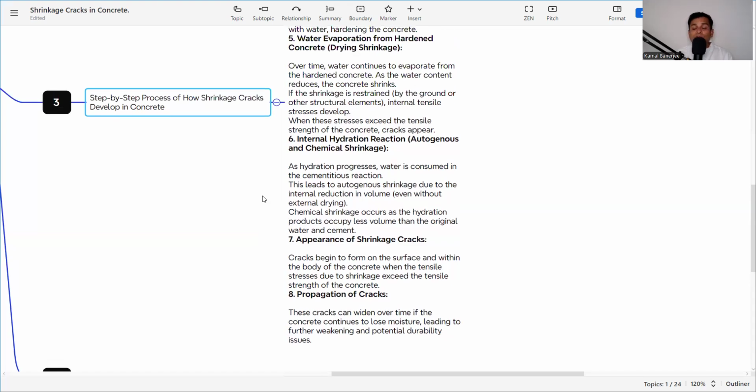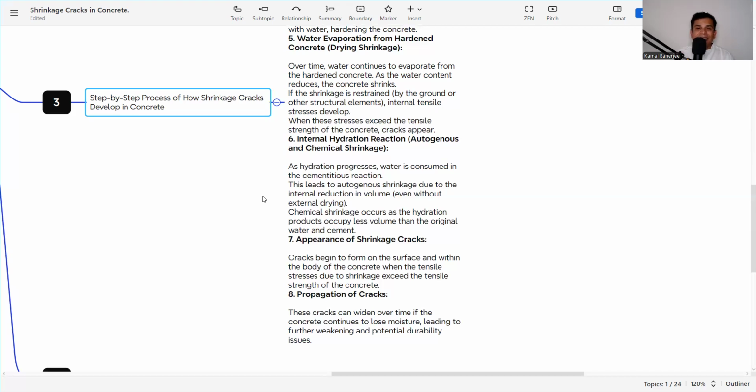So what we understand is that shrinkage is the reduction in volume. How can this shrinkage happen? Due to the loss of moisture from the concrete itself, or whenever the hydration of concrete is happening, the chemical reaction can also change the volume. That is why there are different shrinkages. In the plastic stage, when the evaporation rate is higher than the bleeding rate, then the shrinkage cracks will appear.